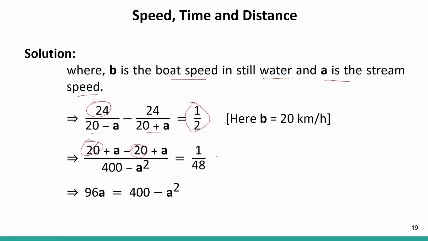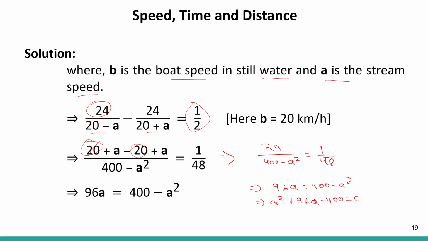So this implies that 2A by 400 minus A square is equal to 1 by 48. So this implies that 96A is equal to 400 minus A square. So this implies that A square plus 96A minus 400 is equal to 0. So solving this, we can evaluate the value of A, for which it is true.